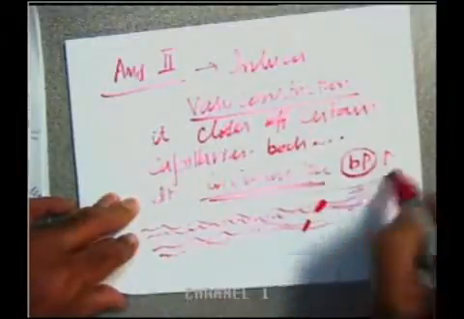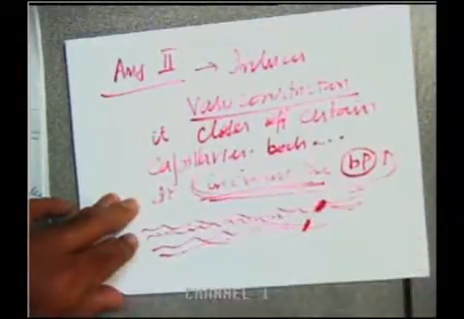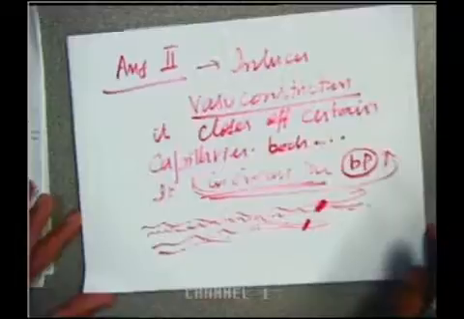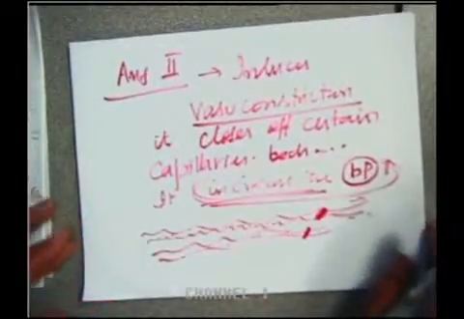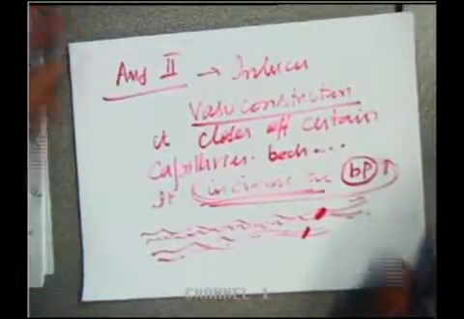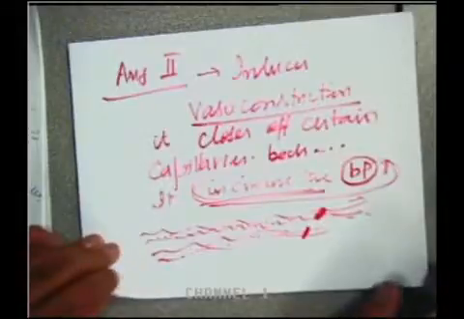Angiotensin 2 induces vasoconstriction, and thereby it increases the blood pressure. So this is the mechanism by which the kidney maintains the blood pressure of our system.